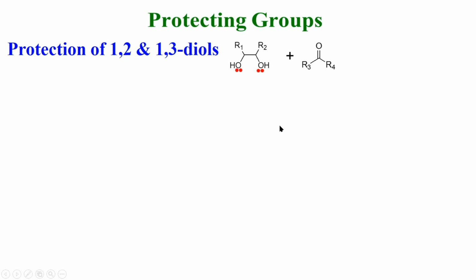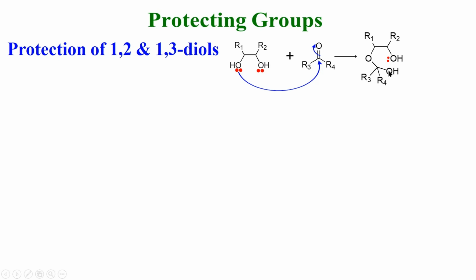The OH has lone pair of electrons and the carbonyl carbon is a positive center. The lone pair of electrons are shared with the carbonyl carbon and pi electrons moves onto the oxygen, and it becomes O minus and it combines with H plus to form a bond between carbon and oxygen.